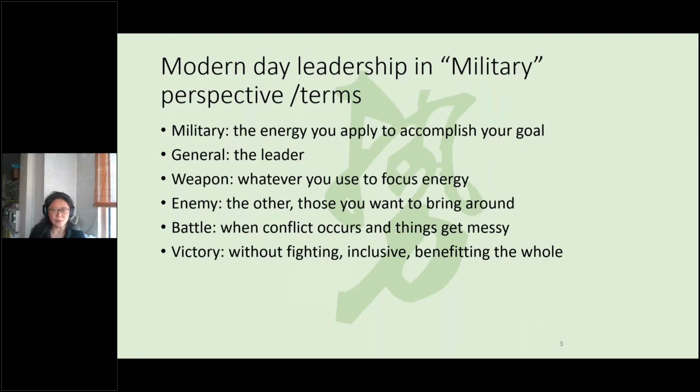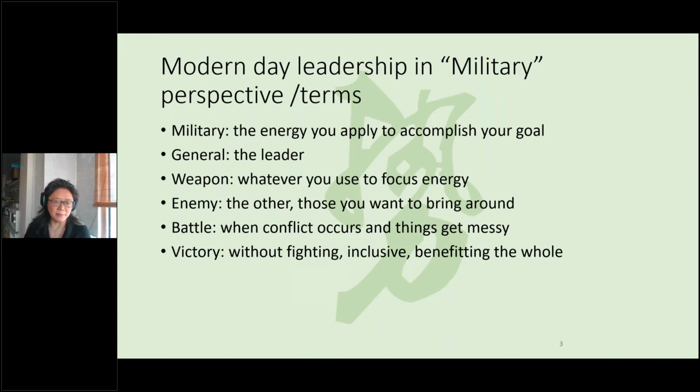Leaders in the military context would be generals. Actually, I will use the term a wise general a lot in the next presentation slides. And what we use to focus our energy on can be addressed as weapon.